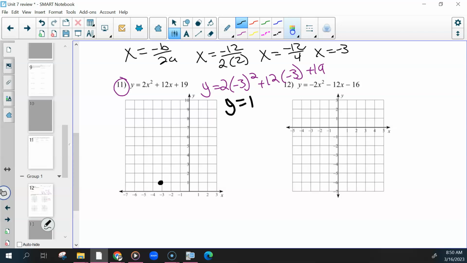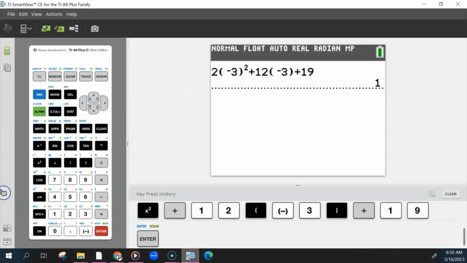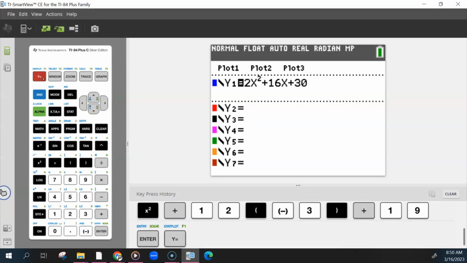And I can see your work so you don't have to say anything. But then to find the other points, you could do it algebraically, but I wouldn't advise it. It would be time consuming. Go back to your y equals, re-put in your equation.